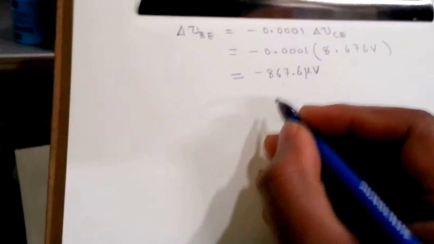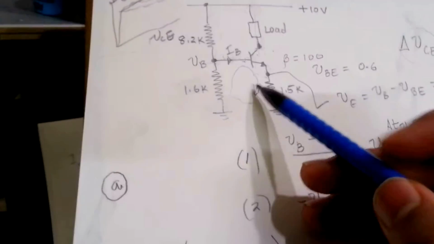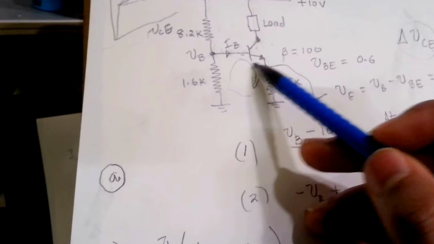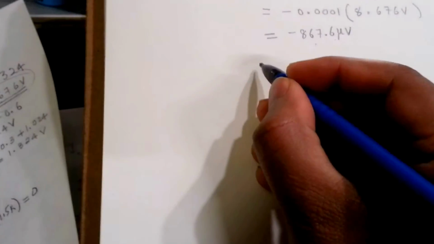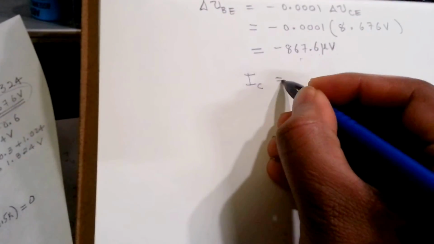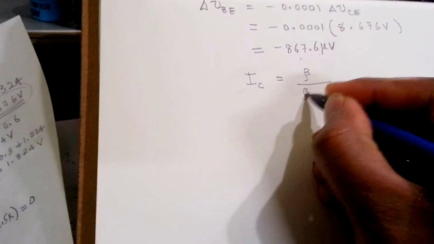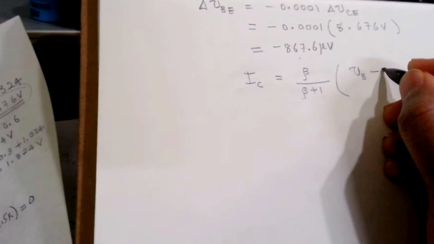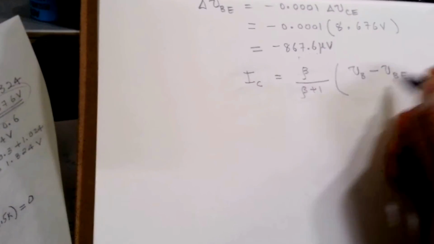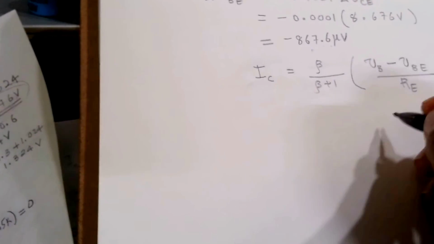Instead of using that equation, we'll use another equation which we can derive easily from the relationship between IE, IB and IC. That equation is IC equals beta over beta plus 1, times V base minus VBE, divided by RE, RE being the emitter resistor.